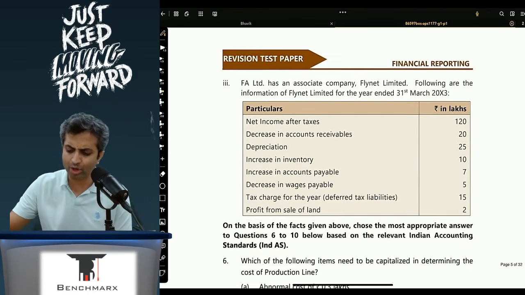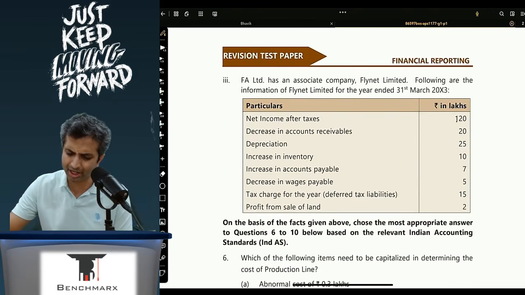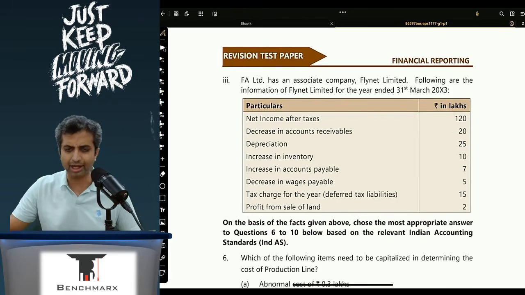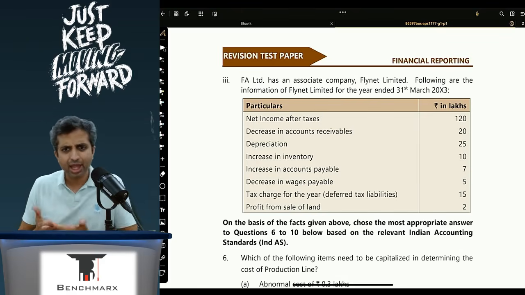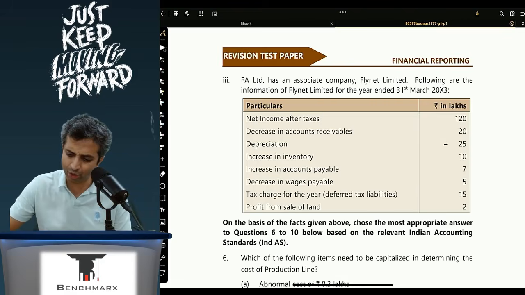And here you have a cash flow statement that is to be prepared, where you have the net income plus or minus depending on whether it is non-cash or non-operating, and you get the answer. Like depreciation you add back because it is non-cash. Accounts receivable, if it is decreasing, opposite effect, that is add; increase in inventory, subtract; increase in accounts payable, a liability, direct effect, add; decrease in wages, liability, direct effect.